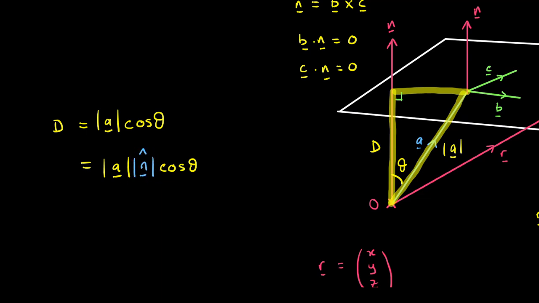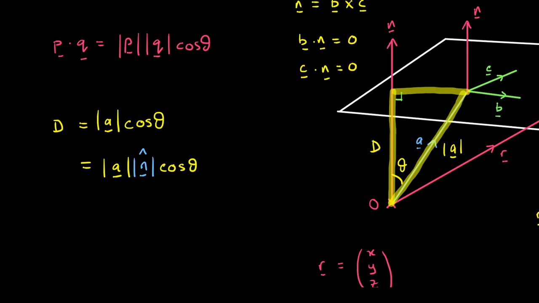Now, why have I done that? The reason is because I know that the scalar product rule is: if I've got vector P dotted with vector Q, that's equal to the magnitude of P times the magnitude of Q times the cosine of the angle between those two vectors.